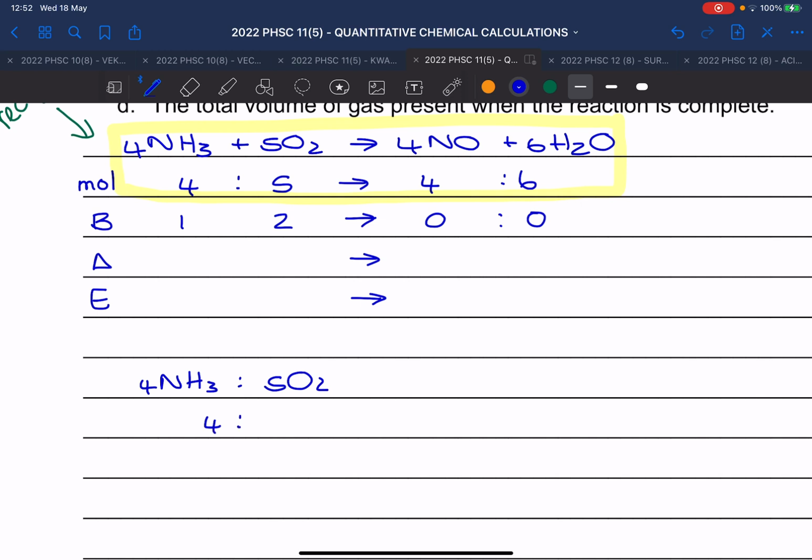So the mole ratio is 4 to 5. But I don't have 4 ammonia. I only have 1 ammonia. So you write down 1 and then you draw a line and you stop. So you don't fill in the 2 there just yet.